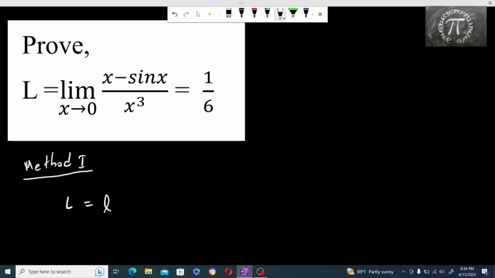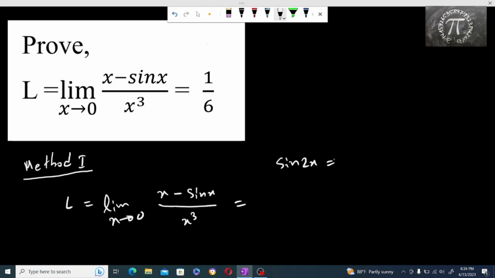L equals the limit as x goes to 0 of (x minus sin x) divided by x to the power 3. First, I'm going to use the double angle equation on sin x.